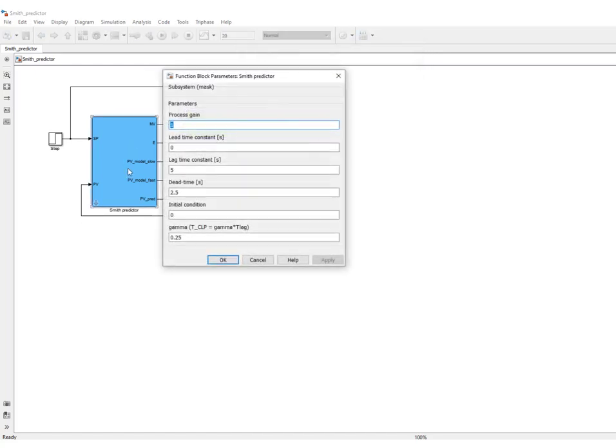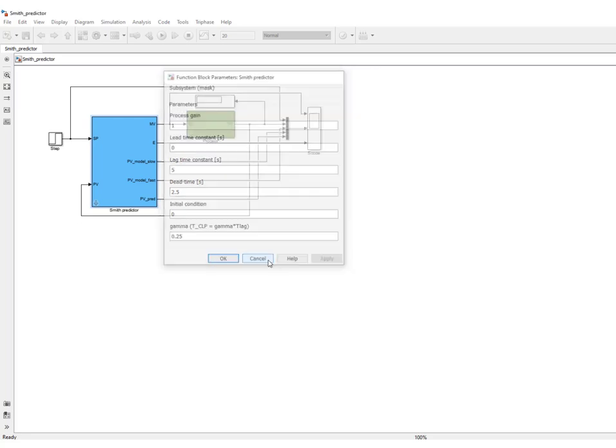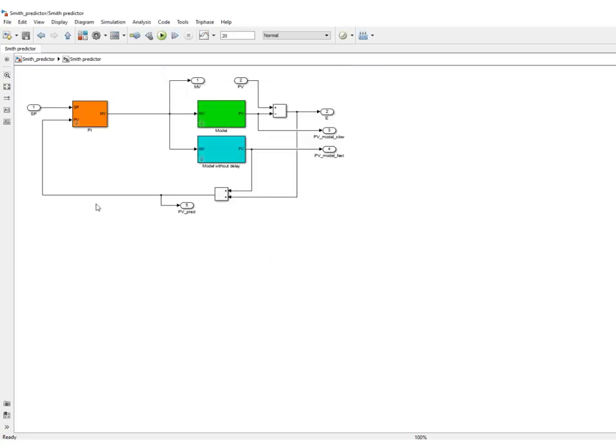If you click on the faceplate, well, of course you'll have to introduce the model parameters, and for the tuning of the PI controller you'll have to use this parameter gamma to set the desired closed loop time constant as a function of the open loop time constant. Well, we can also look under the mask and have a look at the implementation of the Smith predictor.